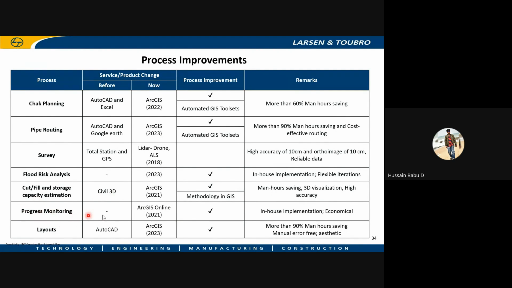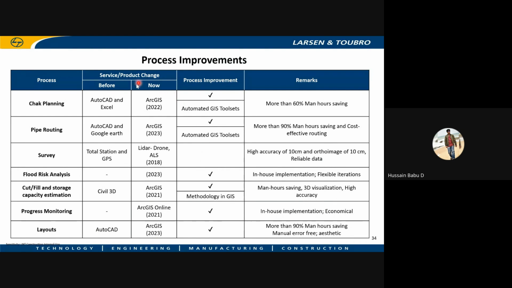For progress monitoring, earlier it was done with Excel and other software, and that too without any geographical locations. For pipeline progress monitoring, now we are using ArcGIS Online. Layouts earlier were done in AutoCAD, and now we are doing them with ArcGIS itself.